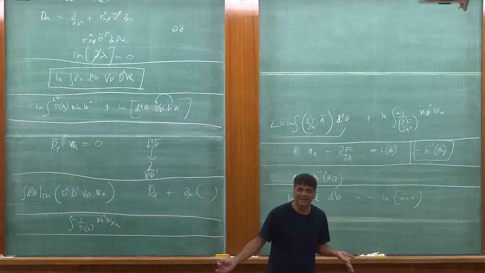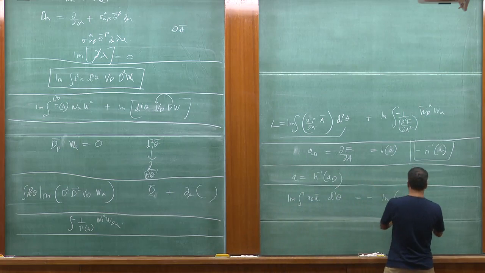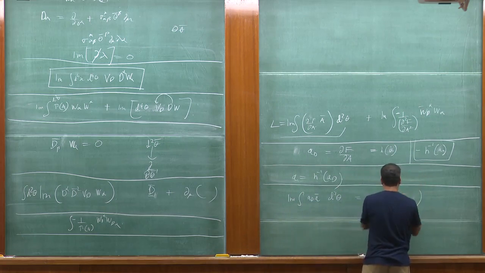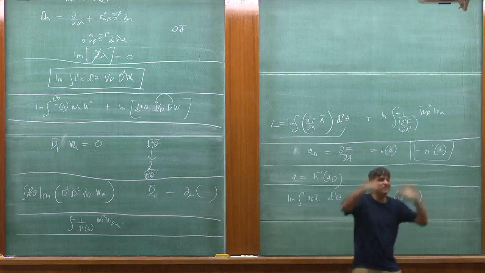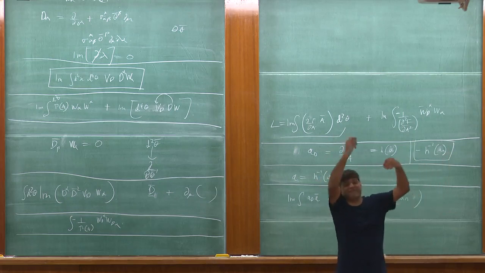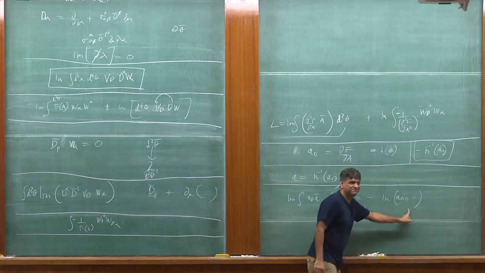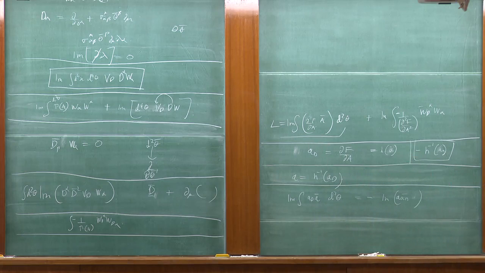So far nothing. But now, if we regard AD bar as a basic variable and minus A as the function of AD, as the new del F tilde by del AD bar, then this has taken the same form that our original Lagrangian took. Is this clear? It's tricky to say because it's nothing.